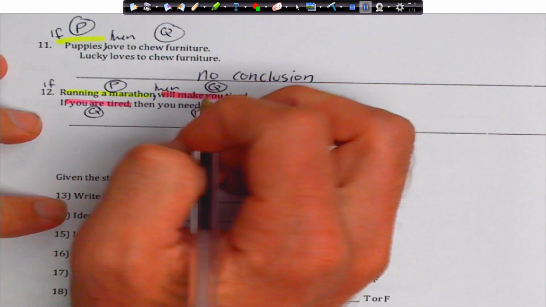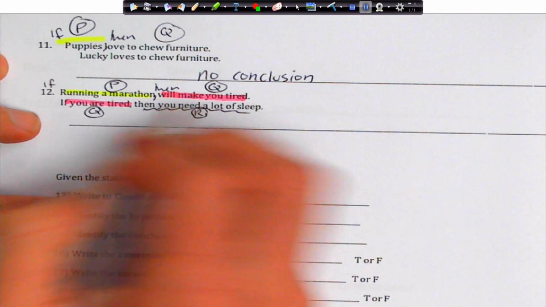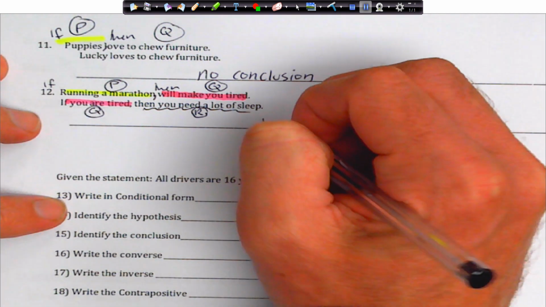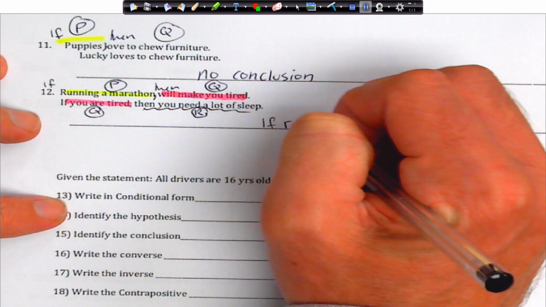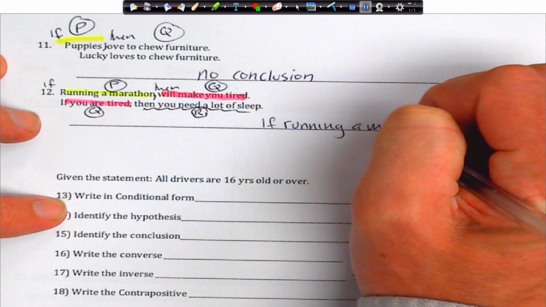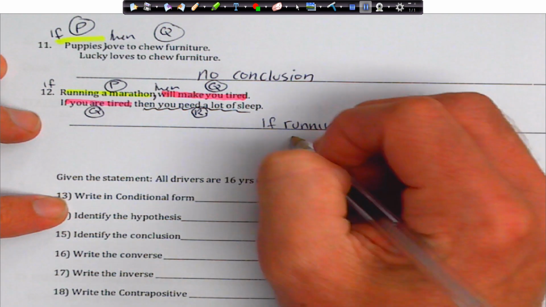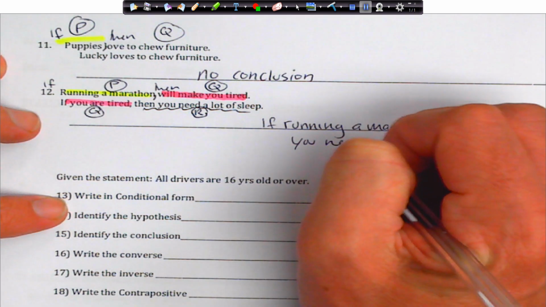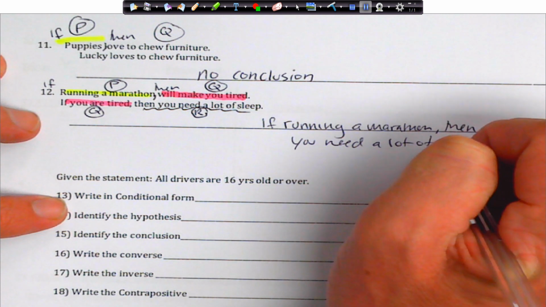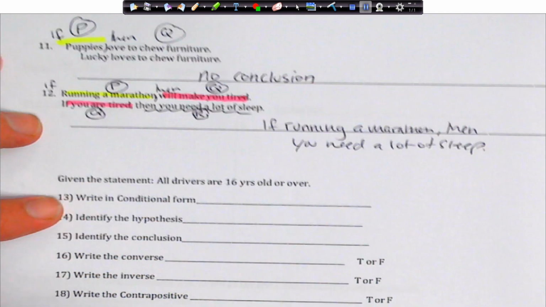And then we have our third new statement. So now we can say, if running a marathon, then you need a lot of sleep. So that connects the P and then the R.